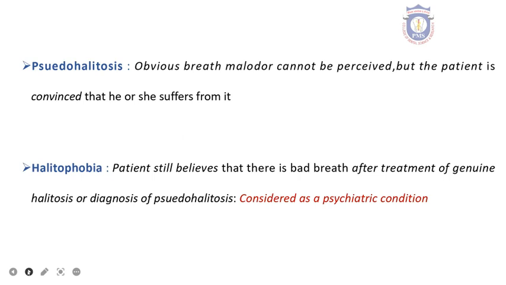The patient says that he is having malodor, but we cannot perceive it. And halitophobia is a psychiatric condition in which patients still believe that there is bad breath even after the treatment of genuine halitosis or the diagnosis of pseudo-halitosis.